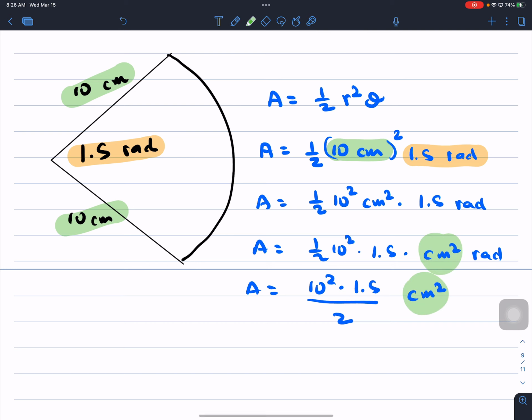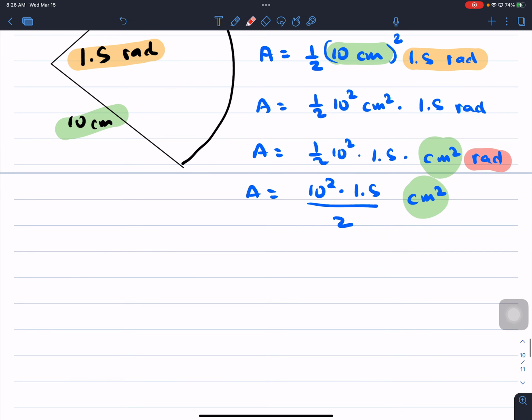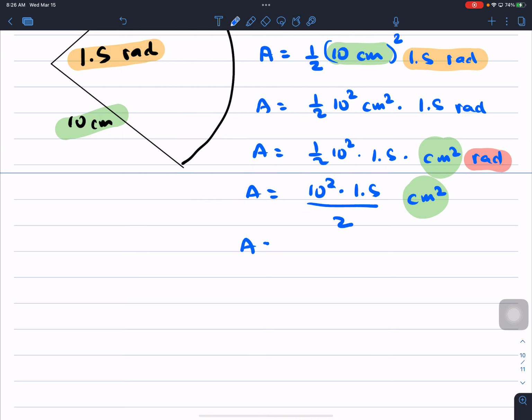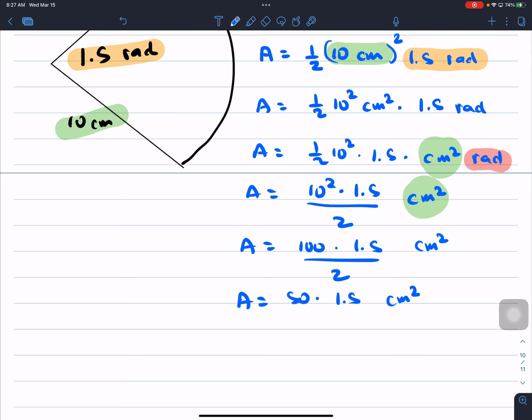What's going on with your radian measure? What does radian mean? Real number, so it goes away. So do you guys happen to know what 10 squared actually is? So this is like 100 times 1.5 centimeters squared divided by 2. Isn't this going to give us really 50 times 1.5 centimeters squared? Because 100 divided by 2 is 50.